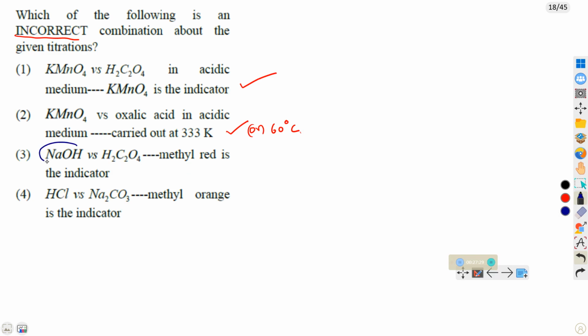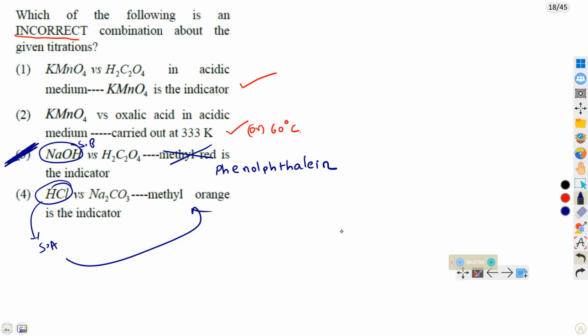NaOH is a strong base. If the base is strong, methyl red is not a suitable indicator. For strong bases, phenolphthalein is the suitable indicator. HCl versus Na2CO3. HCl is a strong acid. Acid is stronger, so use methyl orange indicator.